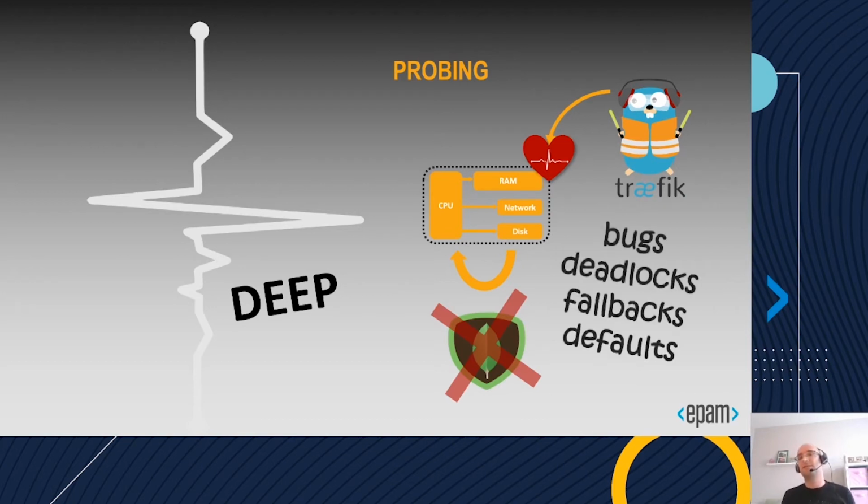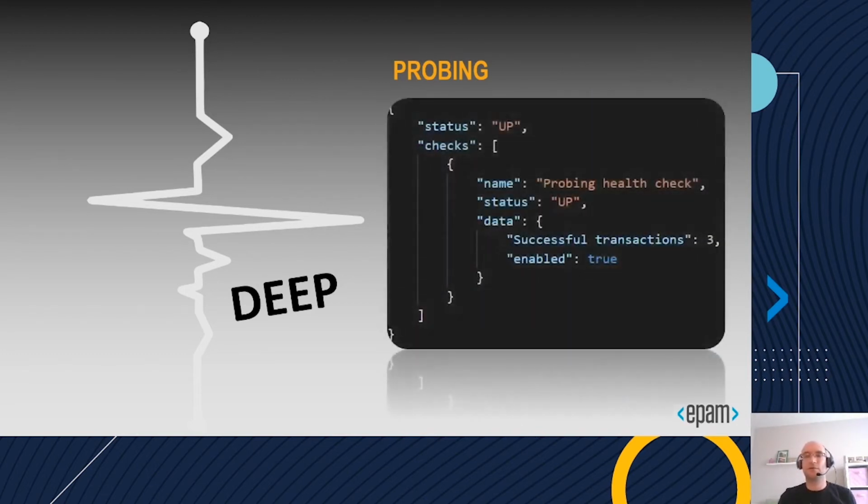So again, this is not perfect, but because I'm going through the same request path as a normal transaction, it's going to be able to capture at least the defects themselves as well as the deadlocks, and it's also going to honor my fallback default settings as well as the circuit breaker settings. So far so good. It's something more advanced, at the cost of having synthetic statistics, metrics, logs, and tracing.